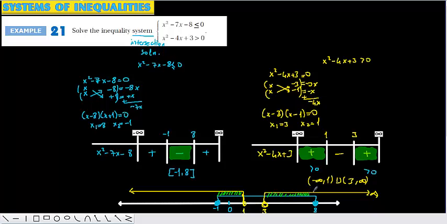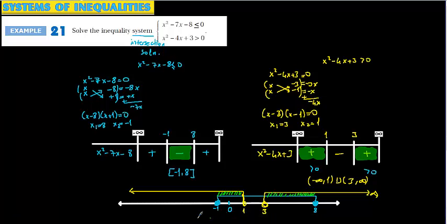If I want to mention this interval as an intersection, I think I need to write like this: x such that x is an element of minus 1 closed parenthesis till 1 open parenthesis, union, because there is a gap between them, and for the gap we are using the union sign. 3 is open and 8 is closed is the common solution for both of the functions.